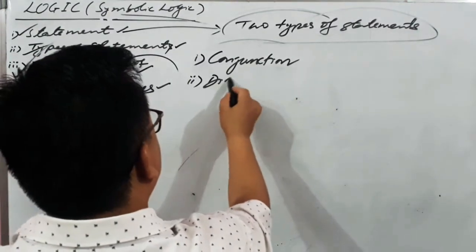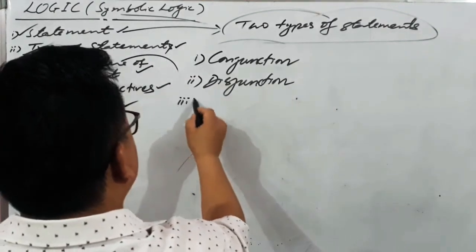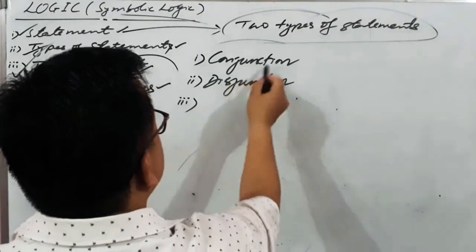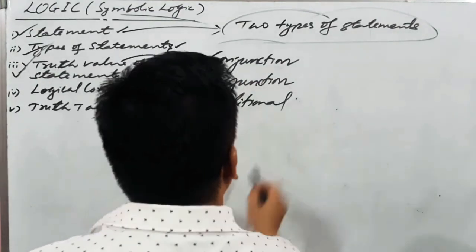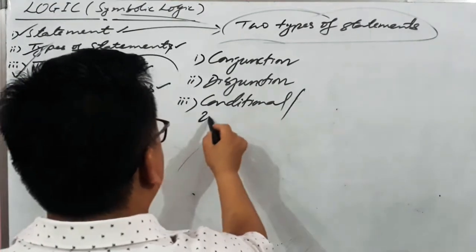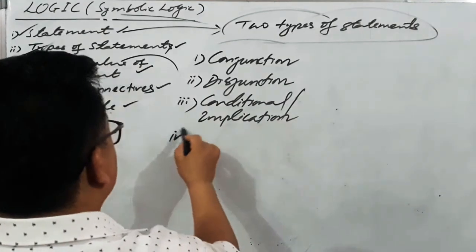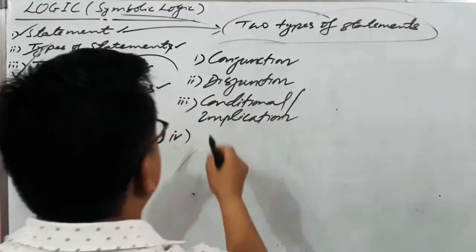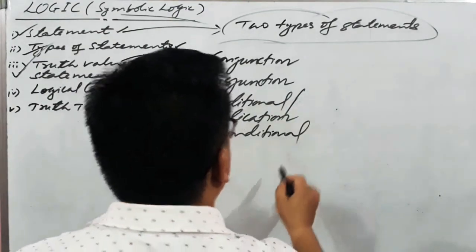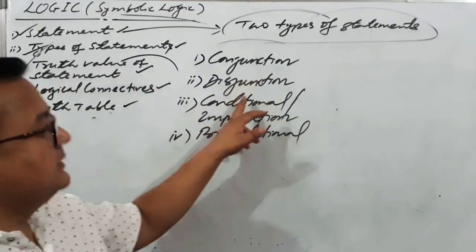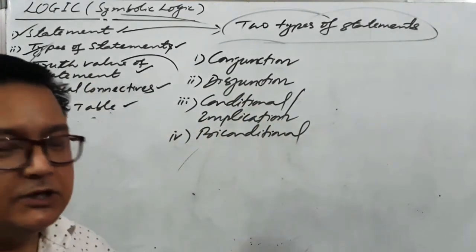Number two, very interesting, disjunction. Number three, conditional or implication. Number four, biconditional.